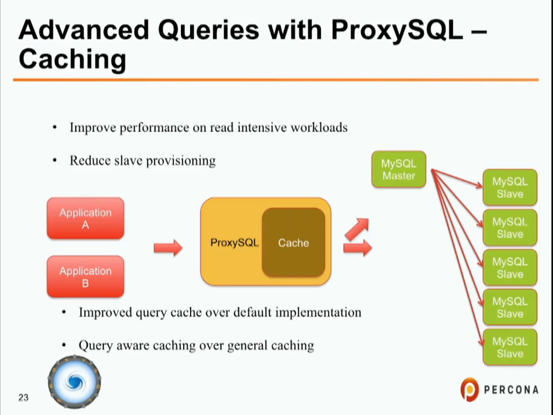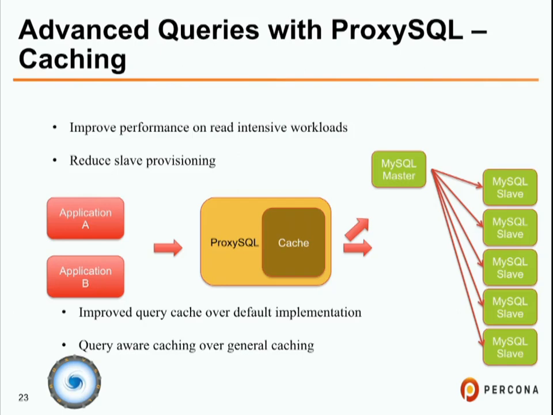So ProxySQL has its own query cache, so you can actually configure the proxy to say, okay, from now on, when you see this query, just start caching it. And the application won't even know that the query is being served by the ProxySQL query cache instead of being served from the database server. All the application knows is that it sends the query to the proxy and the proxy will reply. That's all.